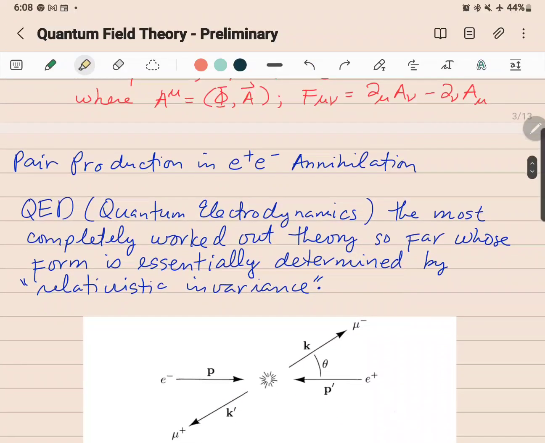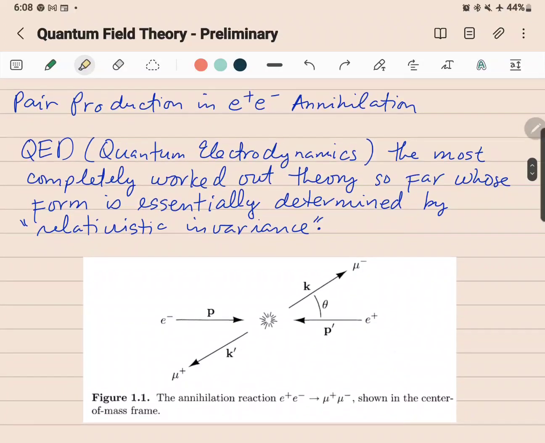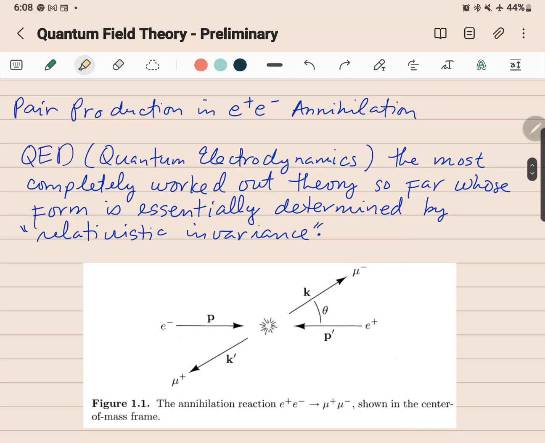Now we go to the important thing in this particular chapter, the pair production in e plus e minus annihilation. The most important thing to be learned here in quantum field theory is quantum electrodynamics, because everything in quantum electrodynamics is completely studied, and so this is by far the most complete theory.